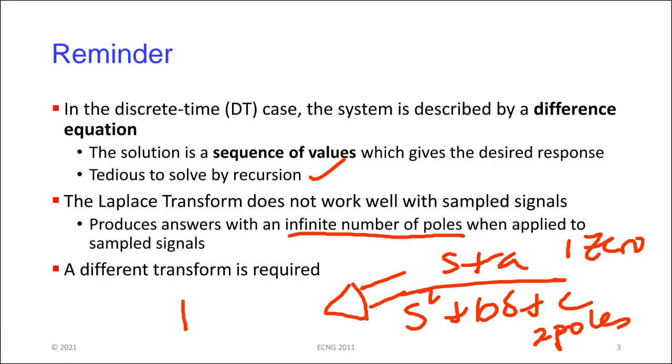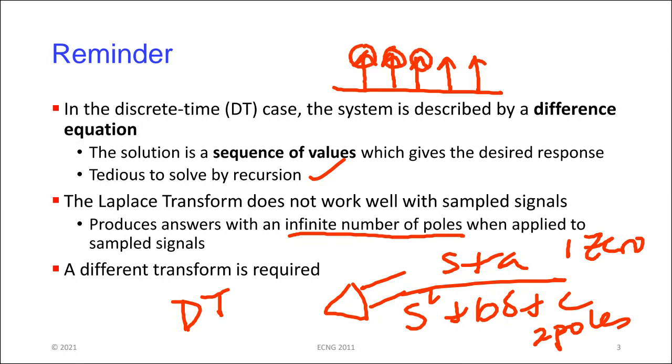If you were to convert this into some discrete time version and try to apply the Laplace transform, you remember what sampling does, right? Sampling, early on we said, is when you take a signal and you multiply it by an impulse train. And the impulse train picks out the value of the signal at each point of the impulse train.